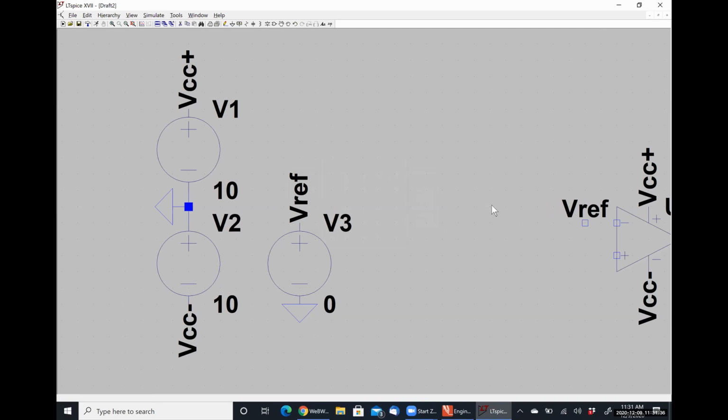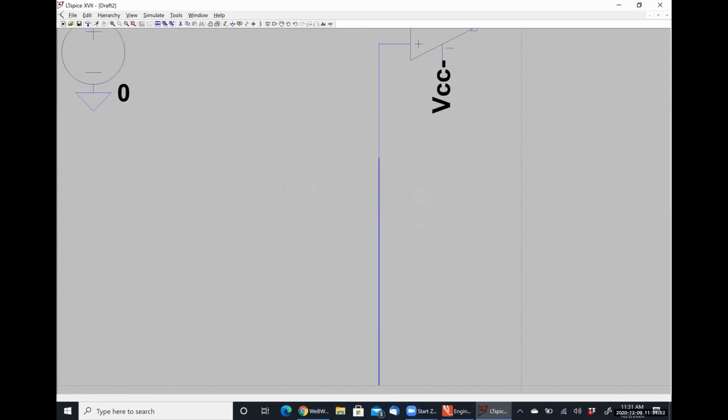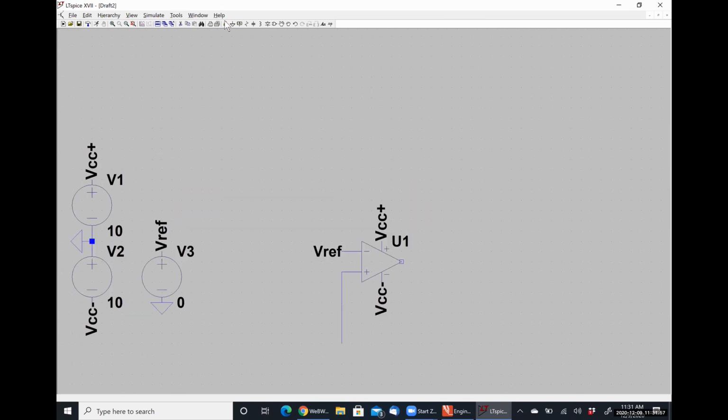Yeah. So let me run a wire from here to here. All right, and now I'm going to have to set up my resistor network. I'm going to call this guy V out.